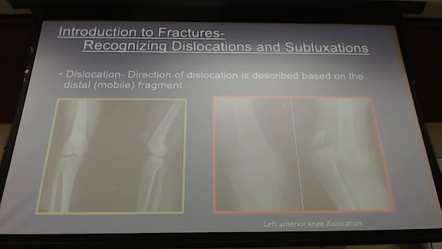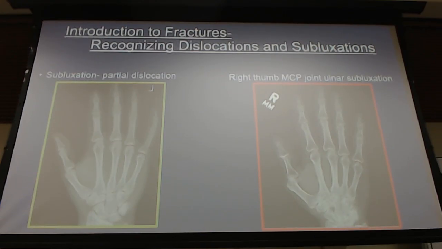Okay, so it's all based on the description, all based on the distal fragment. So a subluxation is something that we would call a partial dislocation, right? We established that.